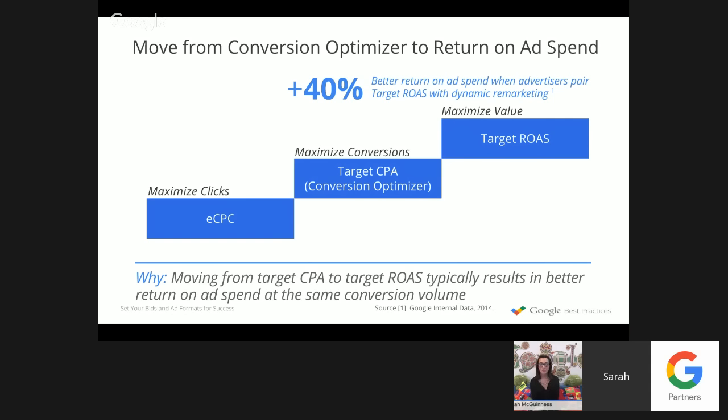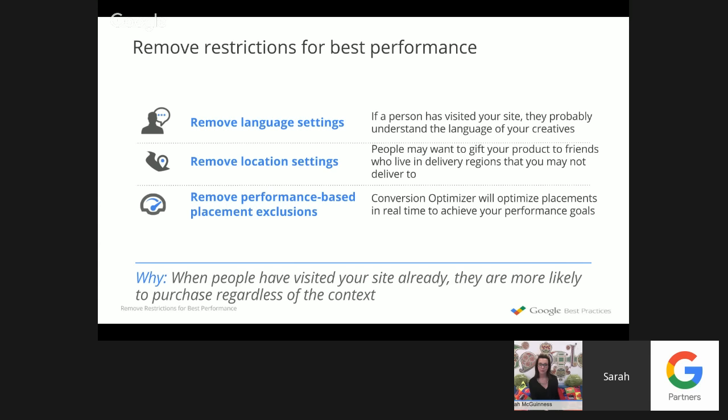Okay, so gradually, if you do pull in conversion values into your conversion information, then if you have enough conversions, the next step is return on ad spend after Conversion Optimizer. So this should be a no-brainer for a lot of agencies and advertisers.